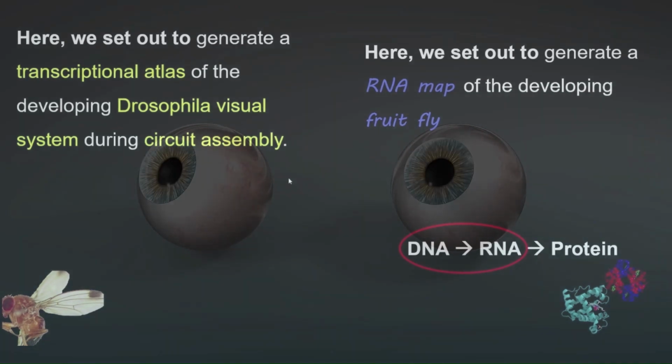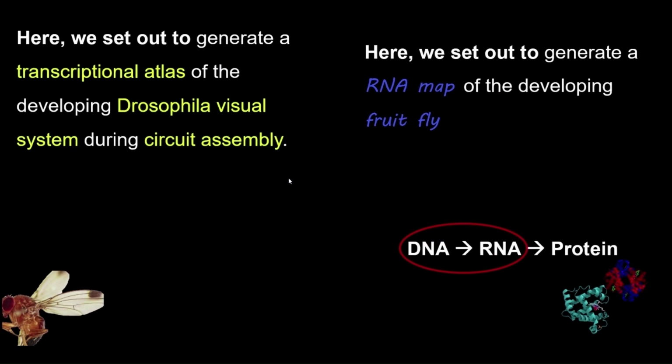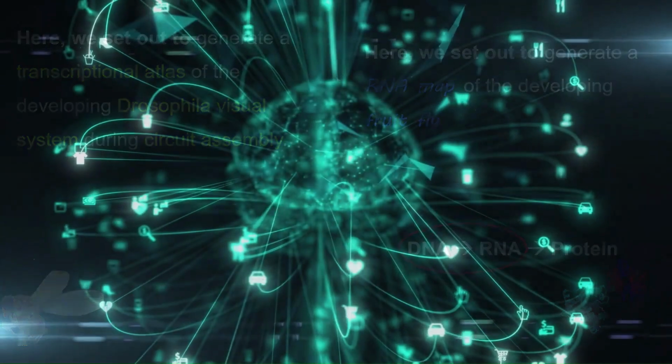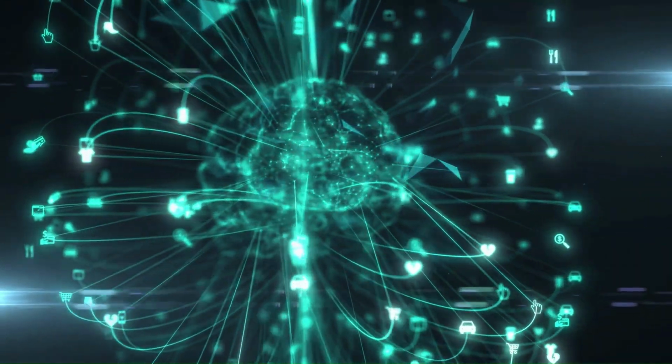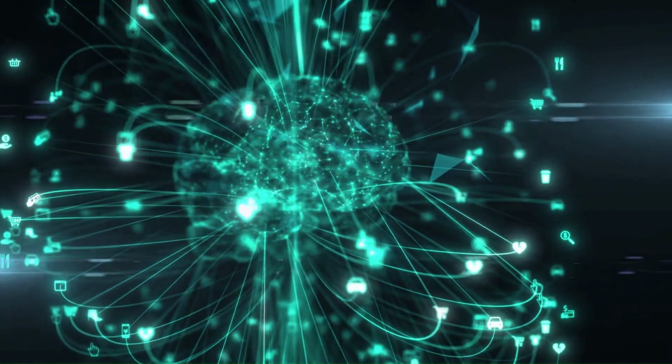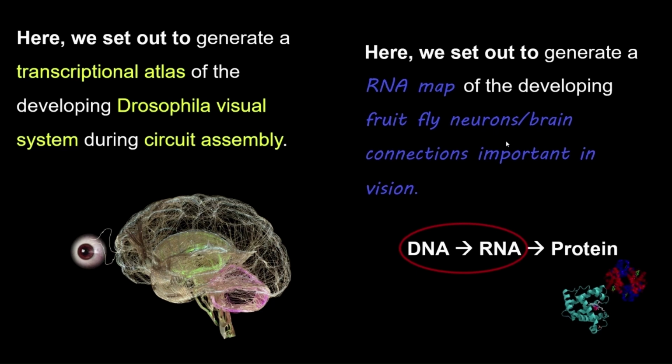But to process and understand visual inputs, our eyes need to be connected with our brain. Here, the authors are studying the assembly of this circuit in the fruit fly. If we fill in our newly defined vocab with plain language, we see that the authors are making an RNA map of the developing fruit fly neurons and brain connections important in vision.